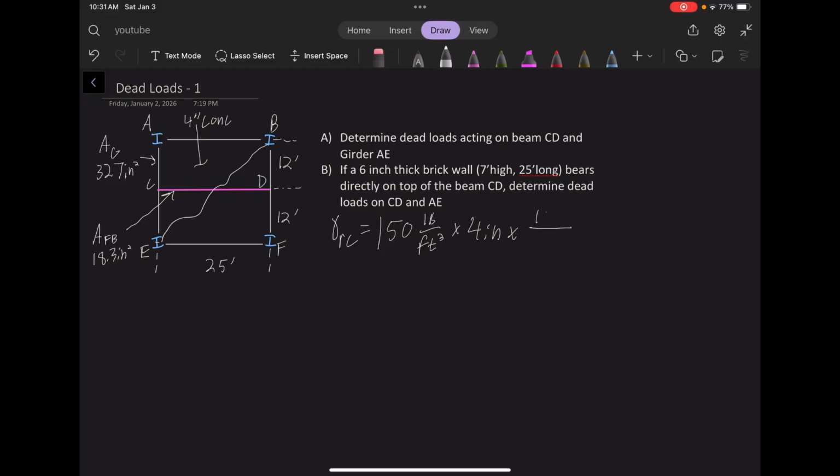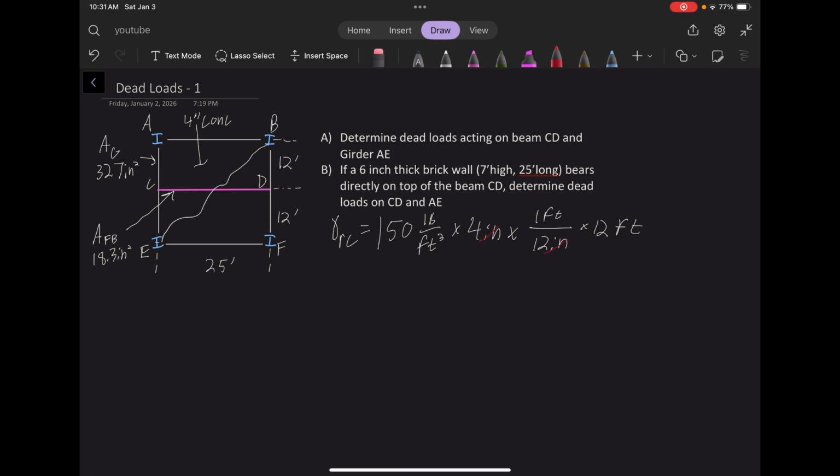So it's going to be 1 foot per 12 inches. And then we have to multiply that by the 12 feet here, per 12-foot section. So times 12 feet.